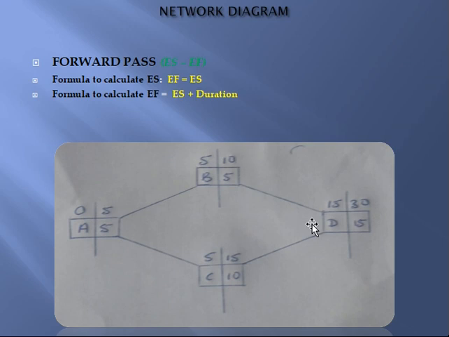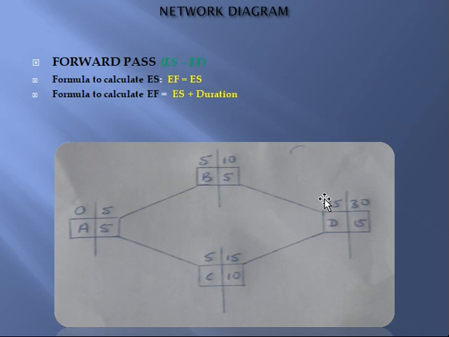Because it is dependent on activity C as well, and activity C is ending on the 15th. So even if you finish B on the 10th, you still have to wait for activity C to finish on the 15th before you can start what? Activity D. That is why you are taking the highest between the two. So 15 becomes our early start for activity D.